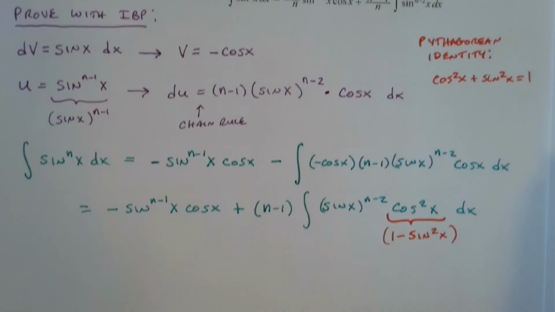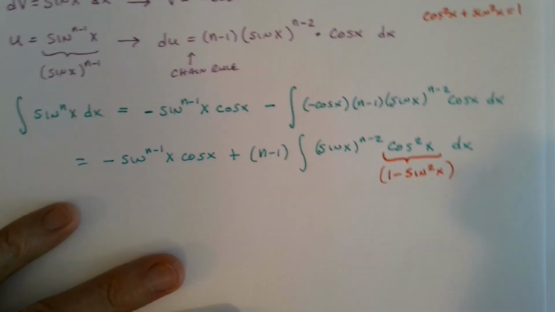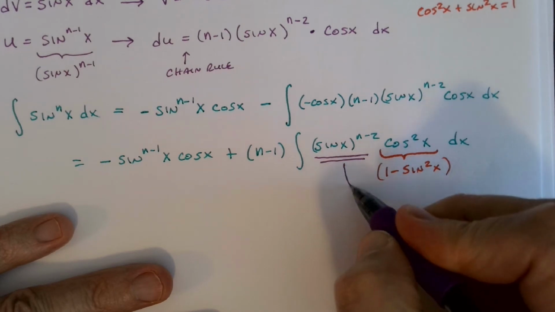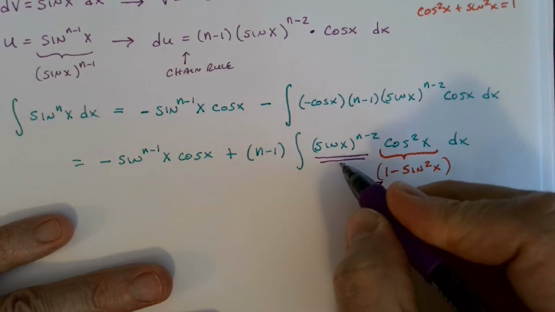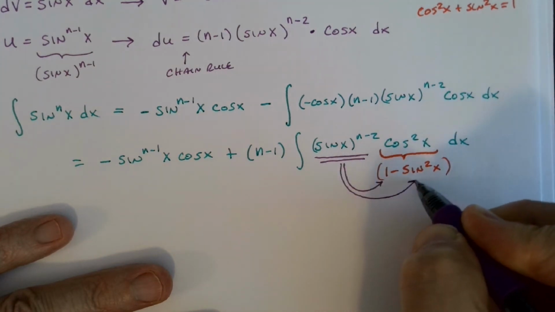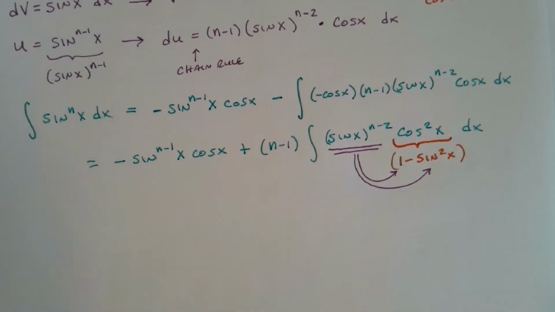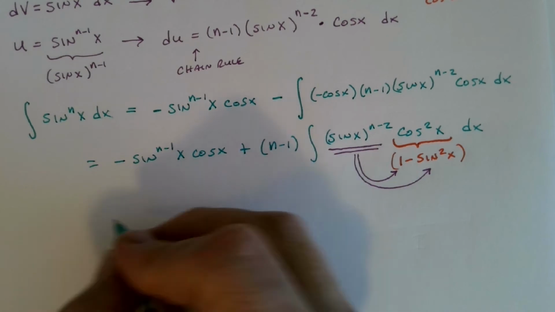Now, what I'm going to do is take this sine of x to the n minus 2 power and distribute it through here. So let's do that. What's that going to look like?